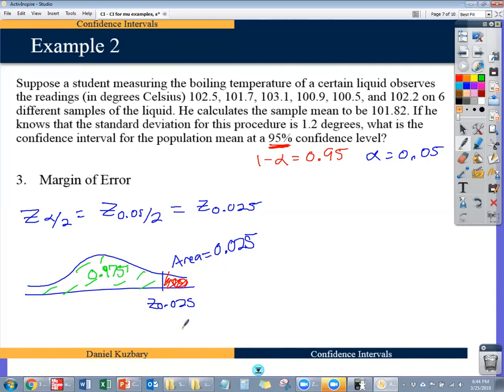So that's what I mean by finding this value. The area to the right is 0.025. The area to the left is the opposite of that, and that's the number I'm looking at.